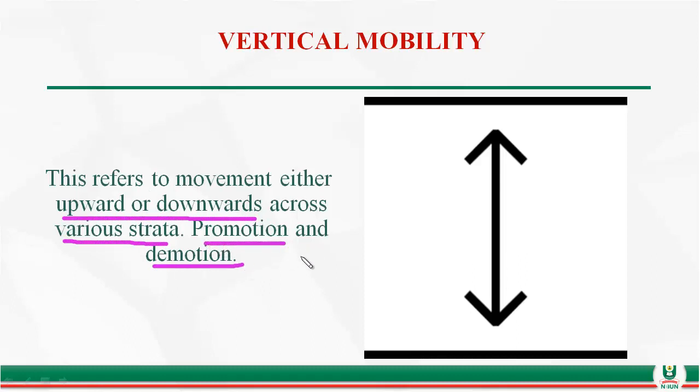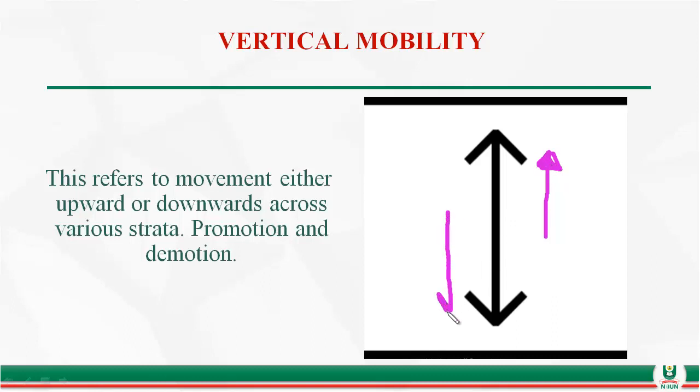Promotion and demotion are a very good example. When one individual is promoted, it's movement upwards; another is demoted somewhere, it is movement downwards. That type of mobility is termed vertical mobility, where you either move upwards or downwards.